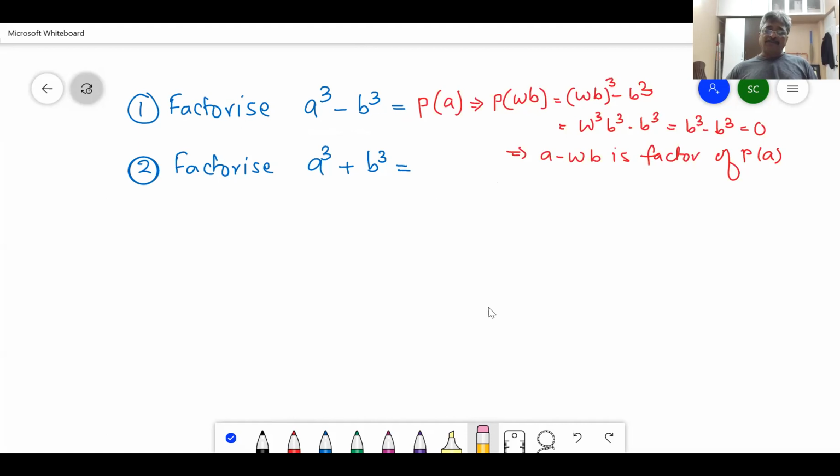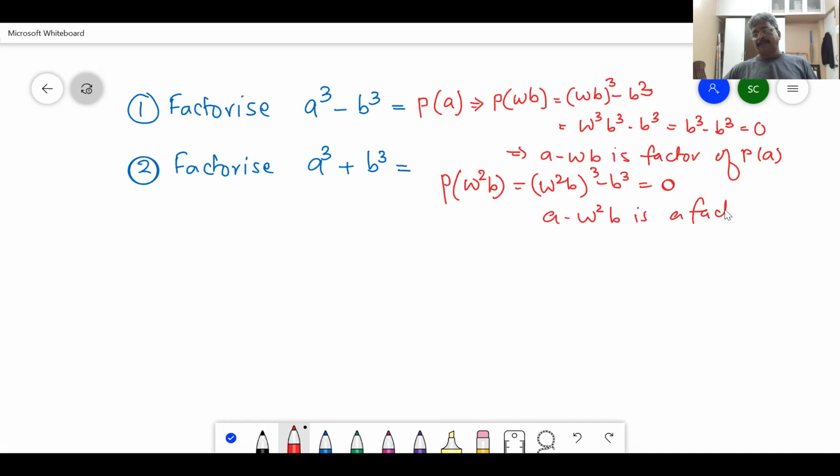So try P of omega square B. That will also be omega square B bracket cube minus B cube, equal to 0. Therefore, A minus omega square B is a factor of P of A. Therefore, A cube minus B cube is equal to A minus B, A minus omega B, A minus omega square B.